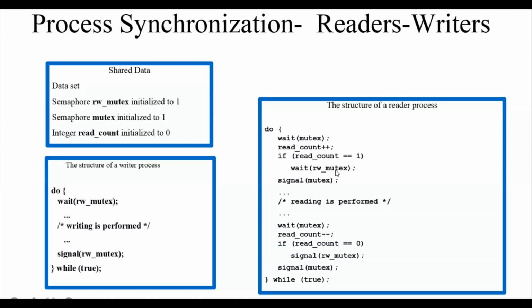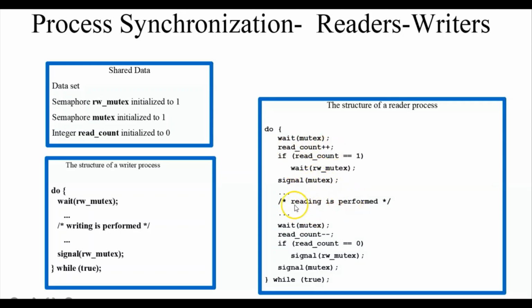If a write operation is already happening, then the reader process is stuck here and it cannot proceed until the write operation completes, right? If the write operation is not happening, the process will continue. Suppose the write operation is not happening, it will lock the write operation, and then it will call signal mutex so that any other reader process which wants to access the read count can do so.